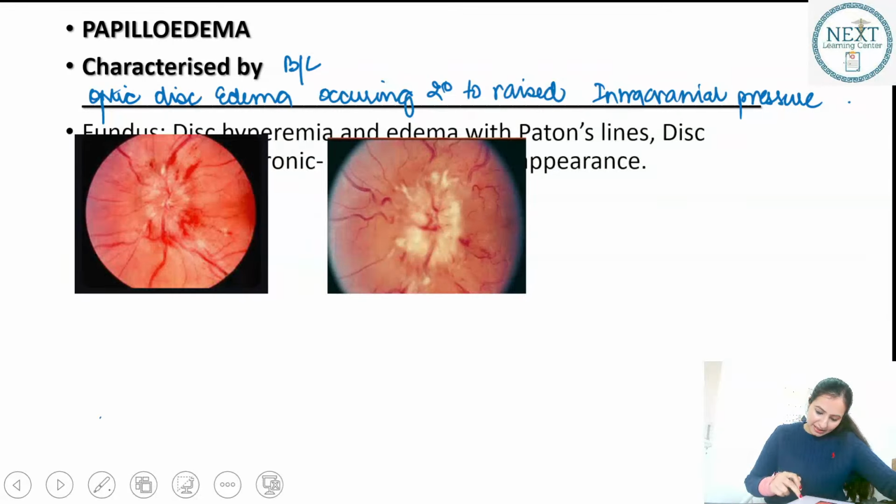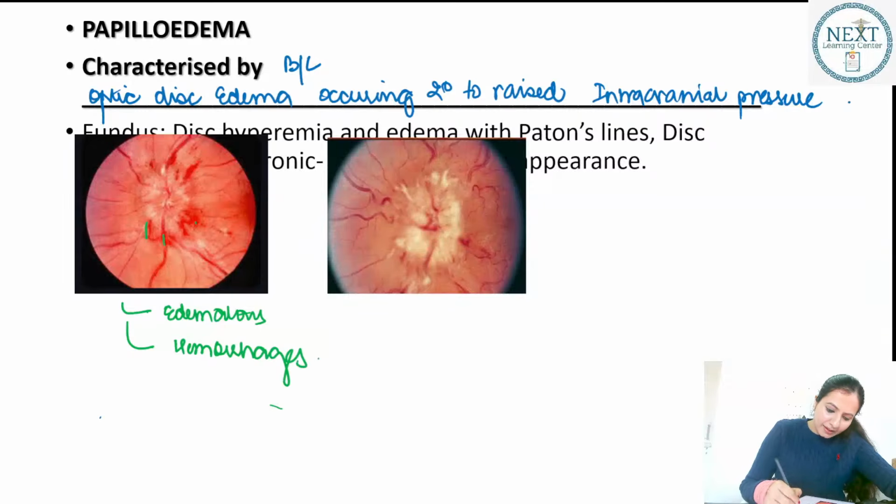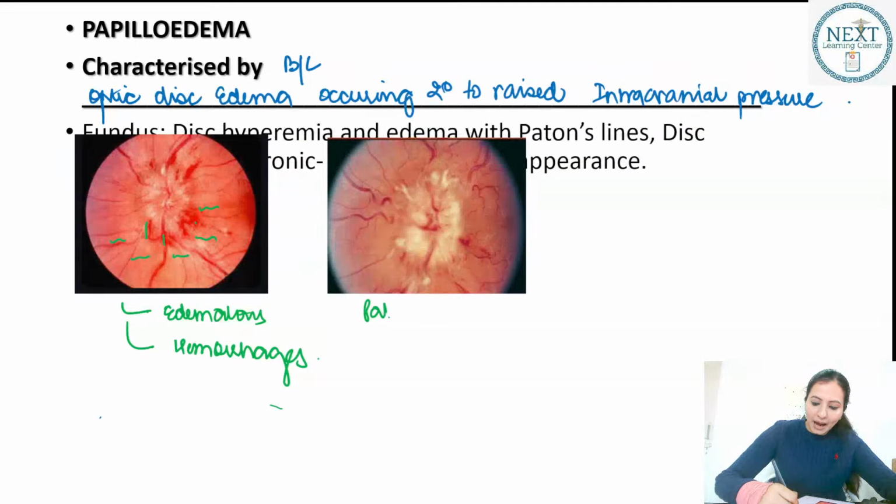Let us quickly see. The optic disc is going to be edematous. There are going to be hemorrhages on the optic disc. Then around the optic disc, because of edema, there will be pressure on the retina and there are going to be Patton's lines.